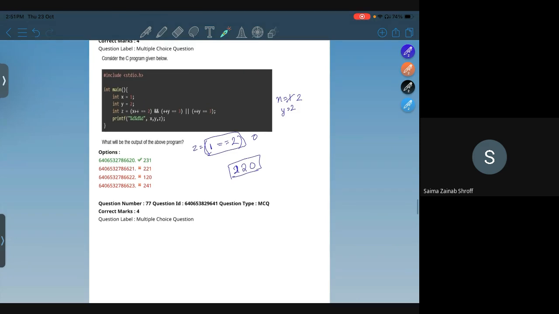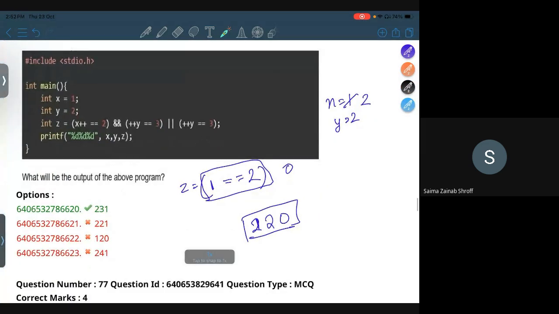So post increment of x first, and its answer is 231. Okay. So this won't get evaluated, correct? We are correct till here. This won't get evaluated, but the right part will get evaluated.